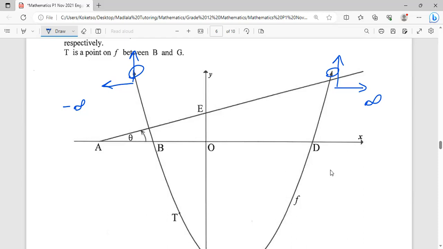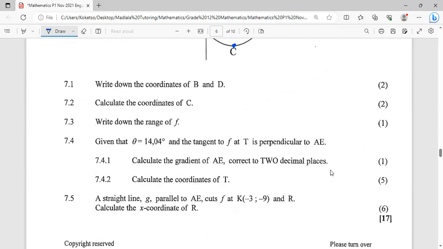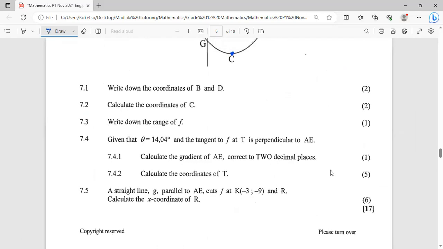So it means we now know the gradient of this straight line G. Now that we know the gradient, we also know one point through which G passes, which is point K. So the first thing we can do is to determine the equation of G. Once we have the equation of G, we are going to equate f of x to g of x in order to find the x-coordinate of R. Why?